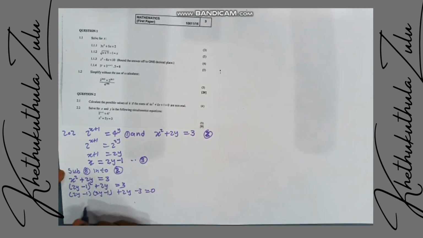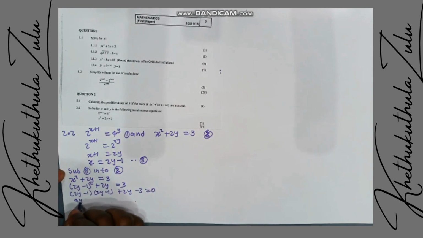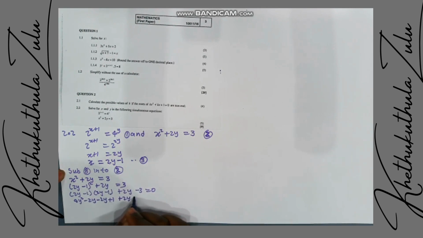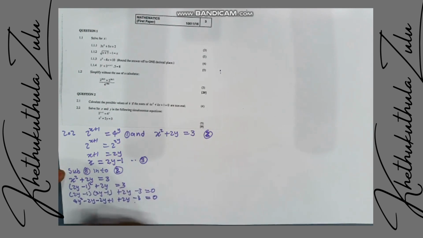And from here, we open the bracket: 2y times 2y is 4y squared, minus 2y minus 2y, then positive 1, plus 2y minus 3 is equal to 0. Collecting like terms, the 2y cancels, and we have 4y squared minus 2y, 1 minus 3 is just minus 2, is equal to 0.